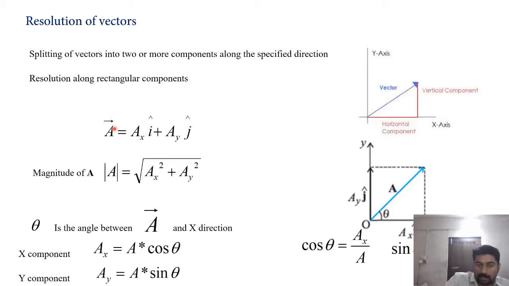So the total vector a is a x i plus a y j. That is how you are representing the vector: the resolution along the x-axis into i plus the resolution along the y-axis into j, the corresponding unit vectors.